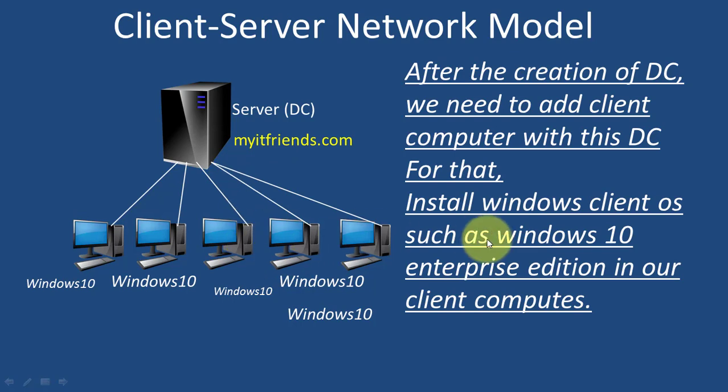It means that initially we need to install a client OS such as Windows 10 on our client machines. We will learn this in the lab, where we will see the procedure of joining client machines to a server.